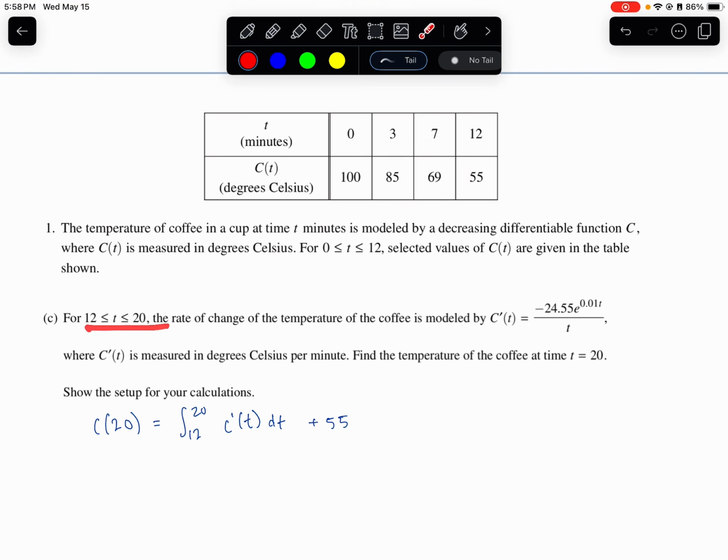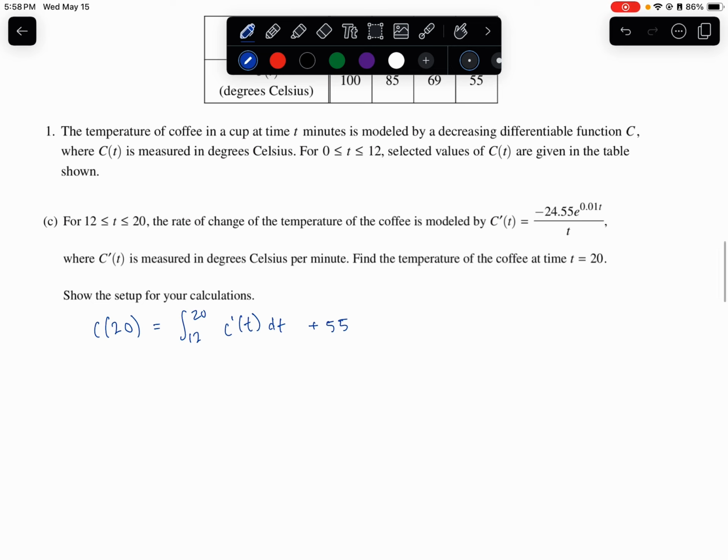So we're going to integrate over the interval from 12 to 20, but before that the temperature was at 55. Okay, so you can do this in your calculator.